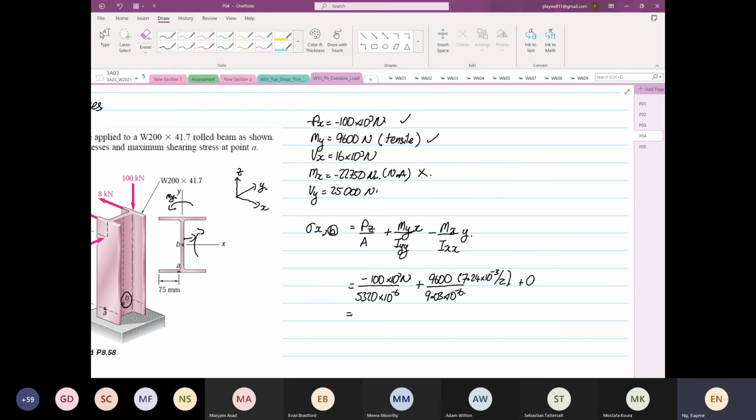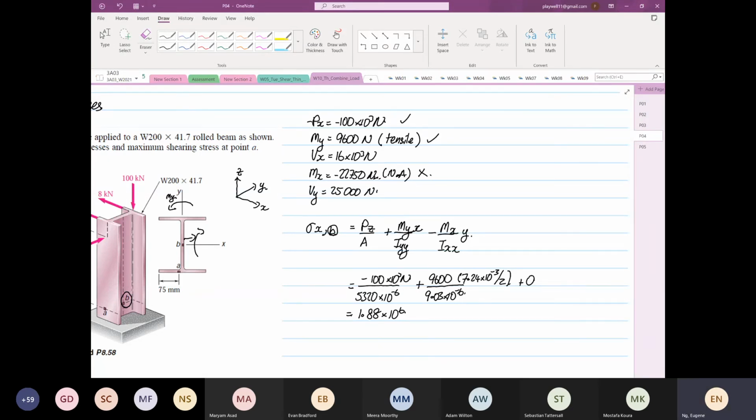So this will be equal to minus 100 times 10 to the power 3 divided by 5320 times 10 to the power minus 6. It's equal to minus 18 point something. Let me try again. 100 times 10 to the power 3 divided by 5320 times 10 to the power minus 6.